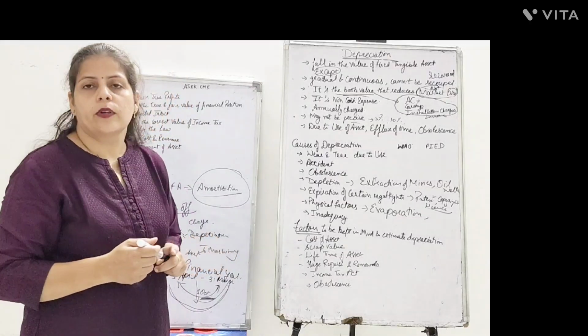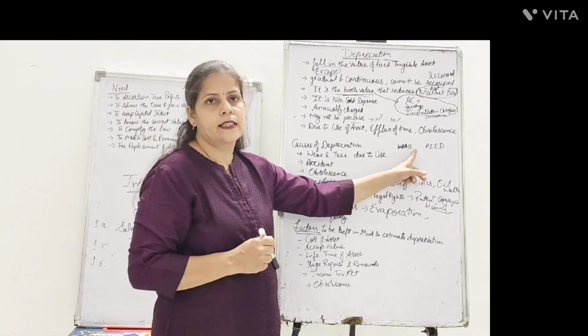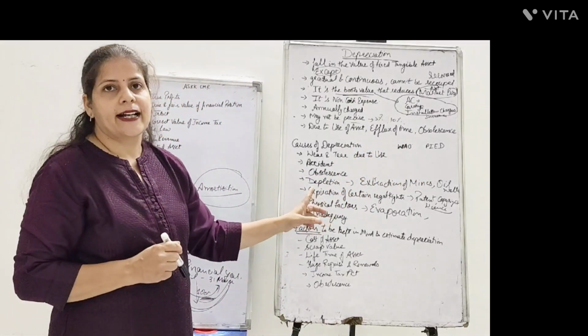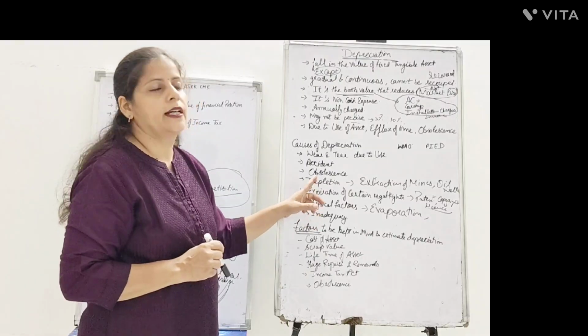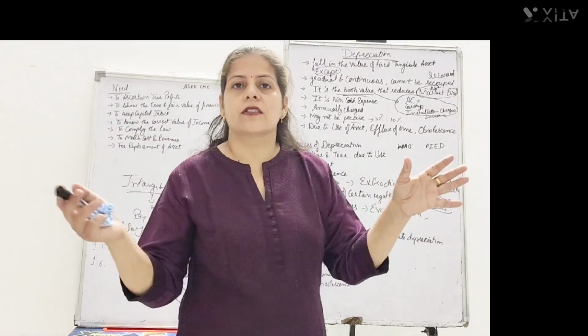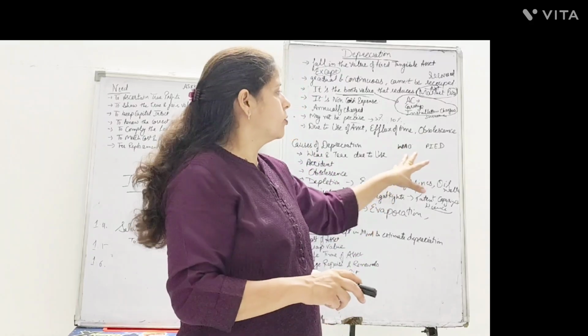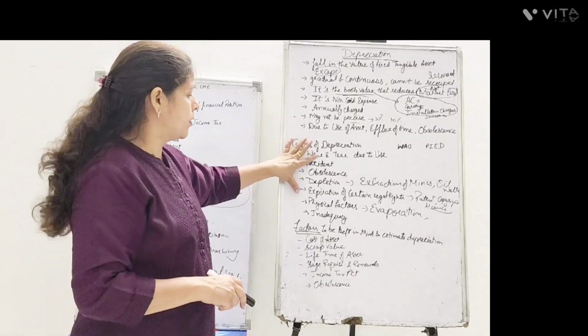Whatever word you want to make: W is the wear and tear, A is the accident, O is the obsolescence, P stands for physical factors, I stands for inadequacy, E stands for expiration, and D is depletion. So whenever you have points, make a short form and then go on learning the same. So it is WOW PIPE, fine. We can have it that way.